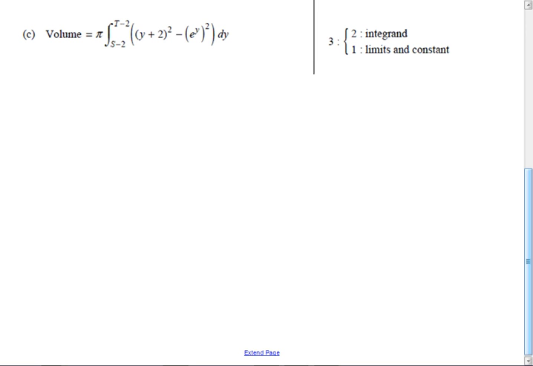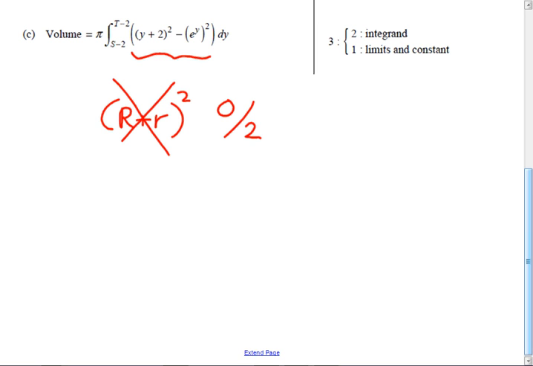And then you get 1 point for having these 2 functions subtracted. You will get nothing for this. That's 0 out of 2. Okay, because that's wrong. So you'll get nothing for that. And then you'll get a point for having these, r squared minus little r squared. If you have them in the wrong order, you lose a point. You get 1 out of 2.